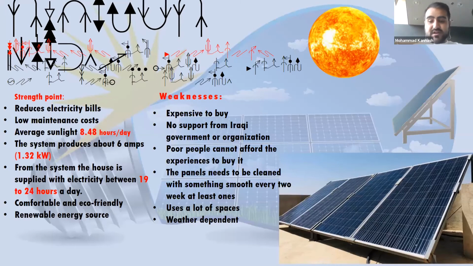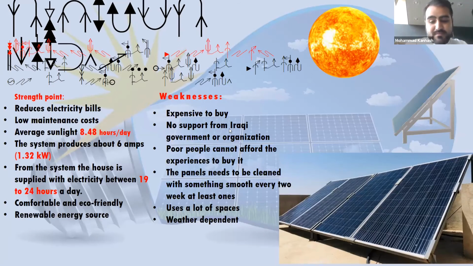And in Mosul, as far as I know, there is no electricity for 3 or 4 days now because of a problem. This point is not that efficient for people in Iraq now, but it's renewable. The weakness is it's not that cheap to buy and install.